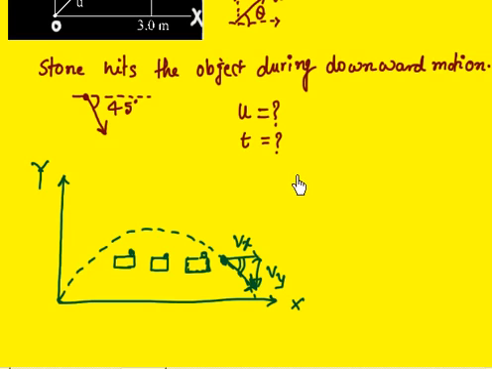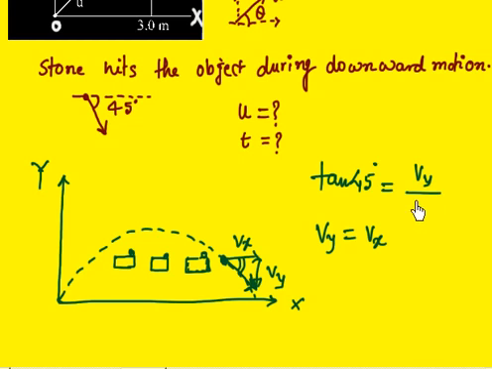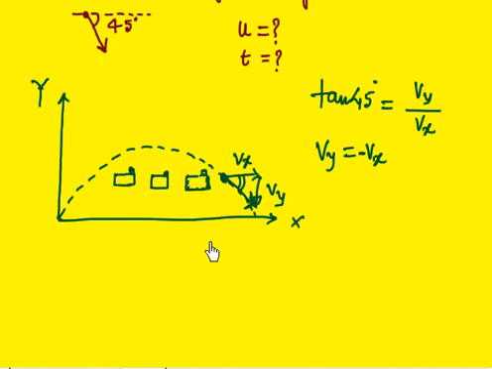If this angle is 45 degrees, I can say Vy equals Vx, because tan 45 is simply 1. So tan 45 is Vy divided by Vx, and this means Vy equals Vx. But another important point: Vy is negative and Vx is positive. So if I want to write this equation sign-wise, I have to multiply by a minus sign. Are you getting it now? So this is the first thing we will have. Let us say after time t the hitting occurs.